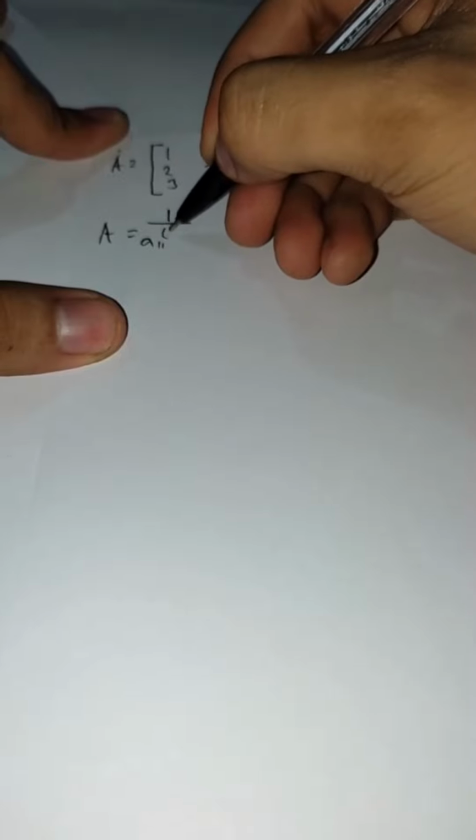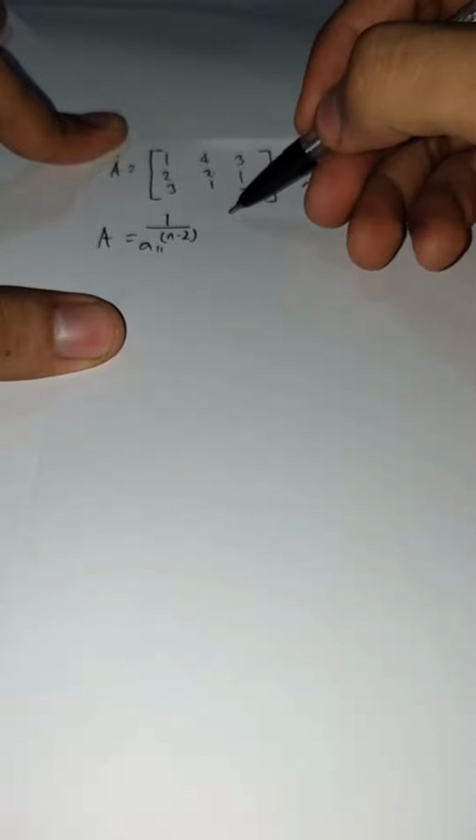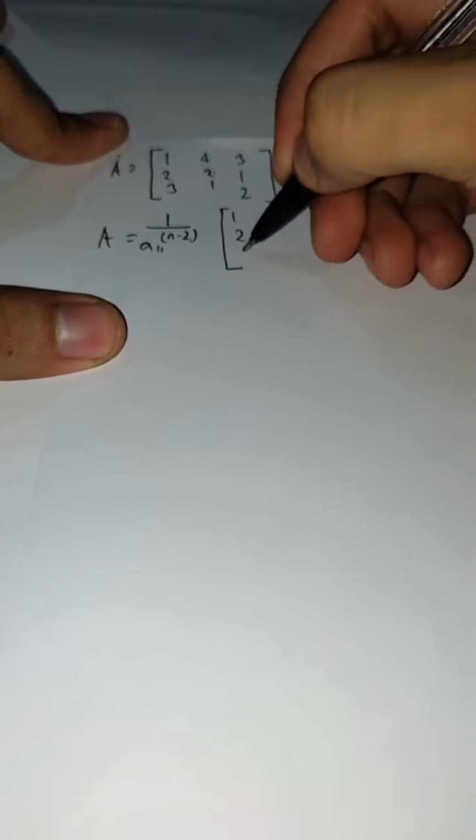Next, formula ng A, 1 is all over A, 1, 1 is raised to n minus 2. Copy the given. 1, 2, 3.